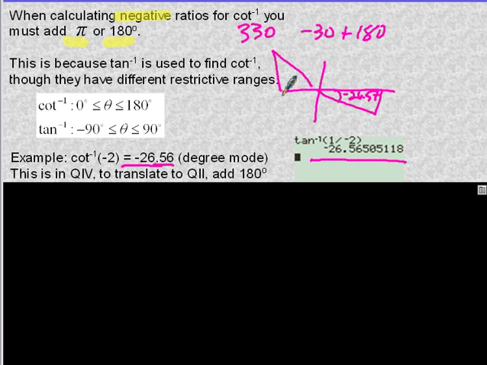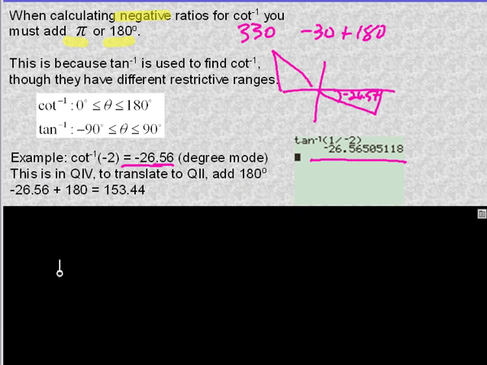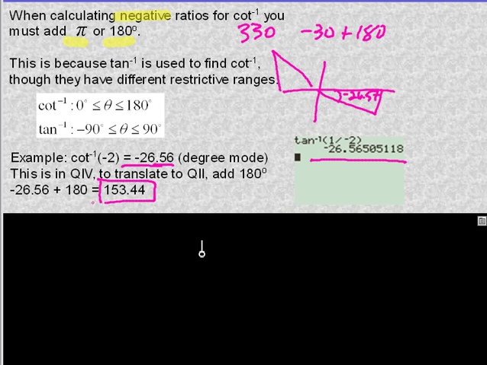How do we do that? We're going to add 180 to it, and you're going to end up with an actual angle in degree mode of 153.44. In my calculator, I'd probably just do inverse tangent of 1 divided by -2, plus 180. And then you're going to get the best precision.